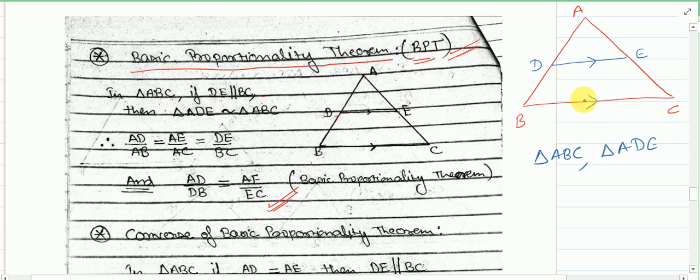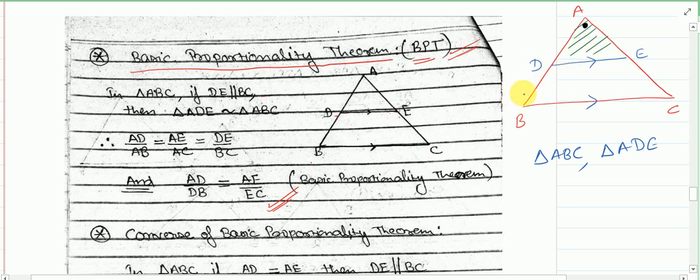AD is this one. So here what do you observe, that this angle A is common for both the triangles, for triangle ABC and for triangle ADE.